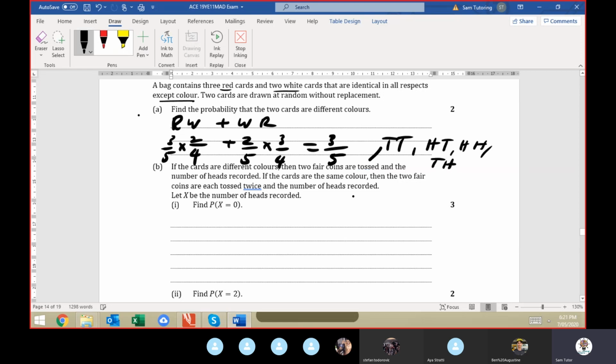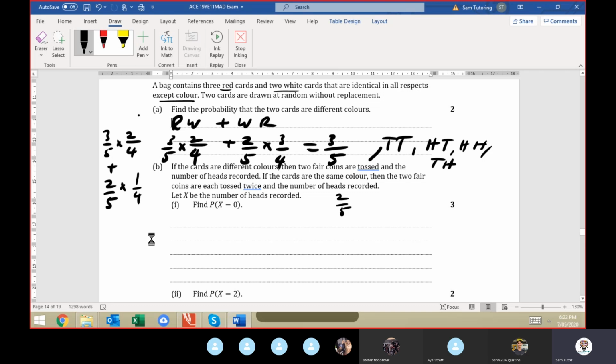If 3/5. If not, if it's 2/5, which means that they are the same color. So 2/5 would be if they're the same color. Right, let's have a look. 3/5 times 2/4 plus 2/5 times 2/5 times 1/4.